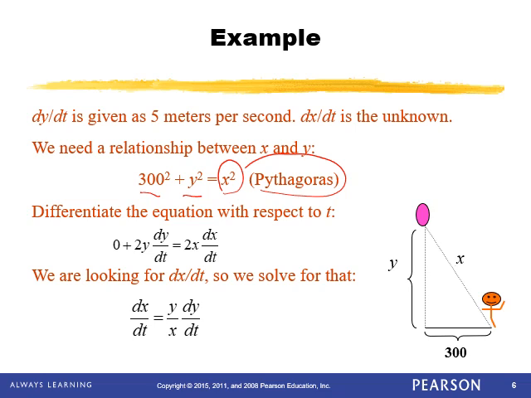So if we take the derivative of this equation, you can see that here is the derivative. The derivative of 300 squared is 0, right? The derivative of y squared here is 2y, and then notice we're doing dy/dt because we're differentiating with respect to t.